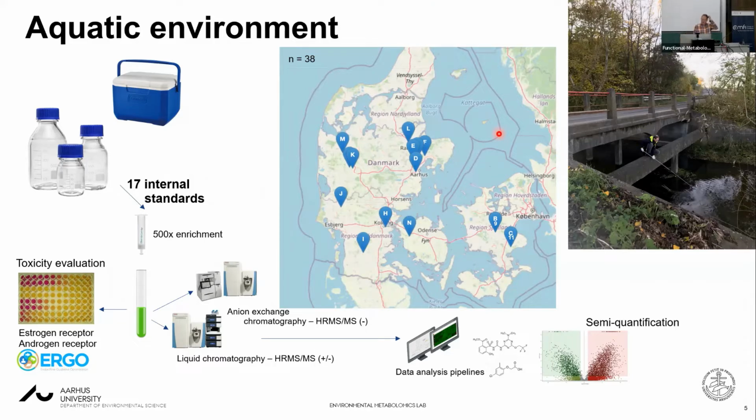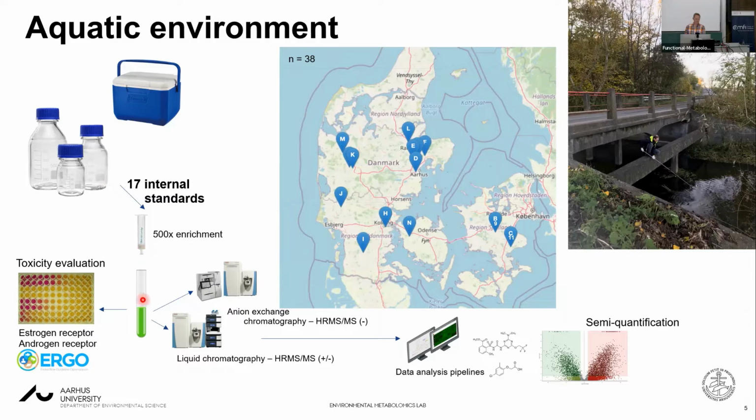At some of the sites we were taking samples from an entire river, distributed over several kilometers. And we took water samples, I think 0.5 liter, added internal standards, isotopic labels, internal standards, and then we did some enrichment on a solid phase extraction cartridge.